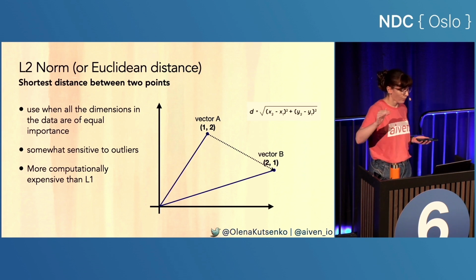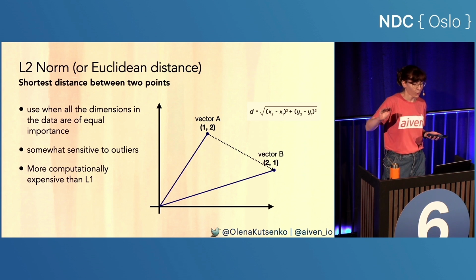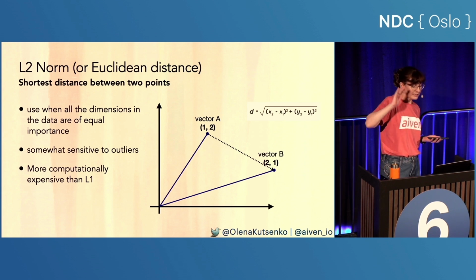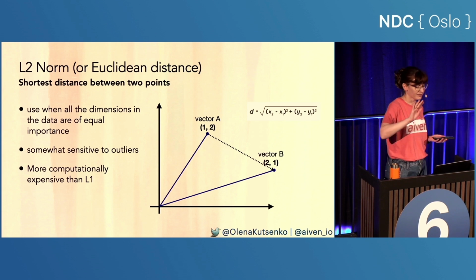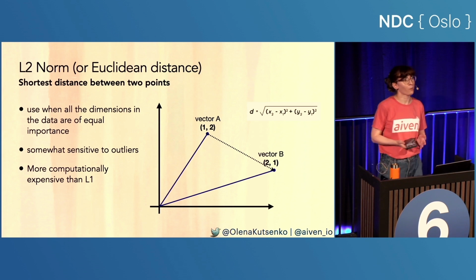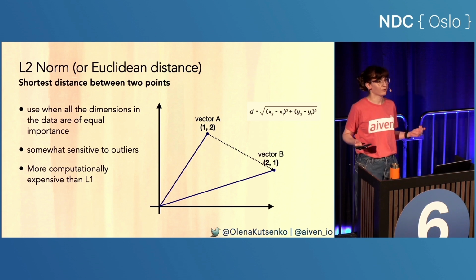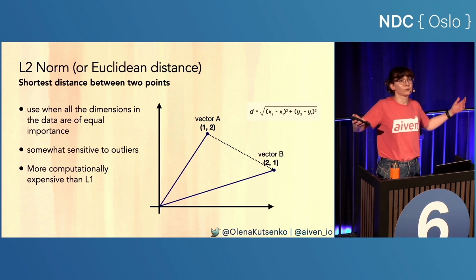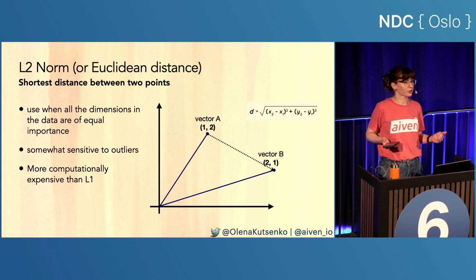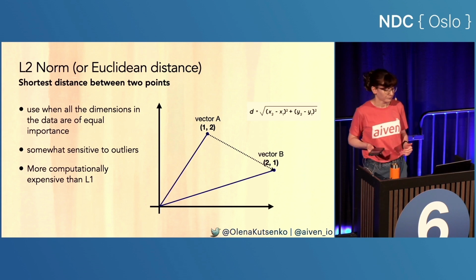We need to take a square root of the things. So this metric is kind of cool, but on the other hand, it has a couple of disadvantages. First of all, it's computationally more expensive than some other metrics, because we need to take a square root. And if you can imagine that we have a huge amount of dimensions, that can be quite expensive.